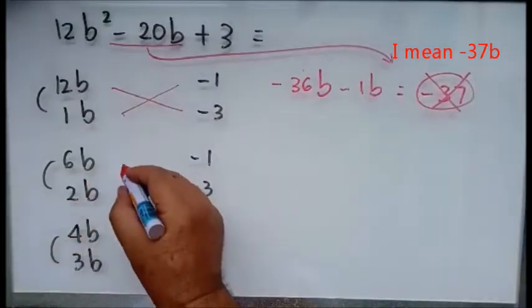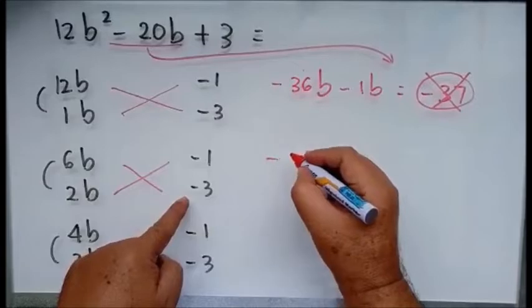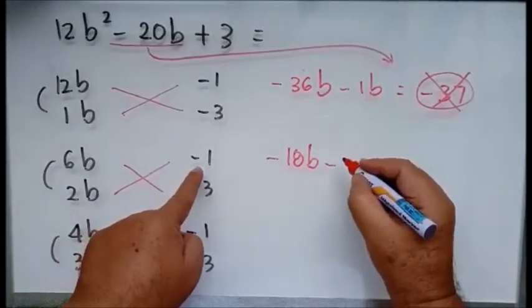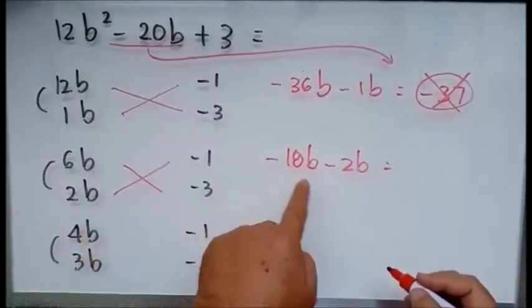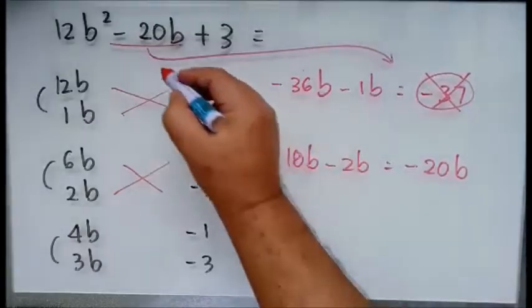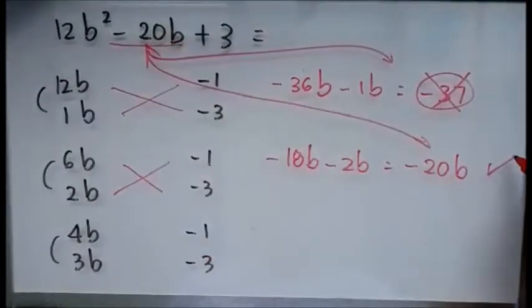Okay, let's try the cross multiplication here. 6b times negative 3 is negative 18b. 2b times negative 1 is negative 2b. Negative 18 and negative 2 is negative 20b, which is the same here. So this is correct.